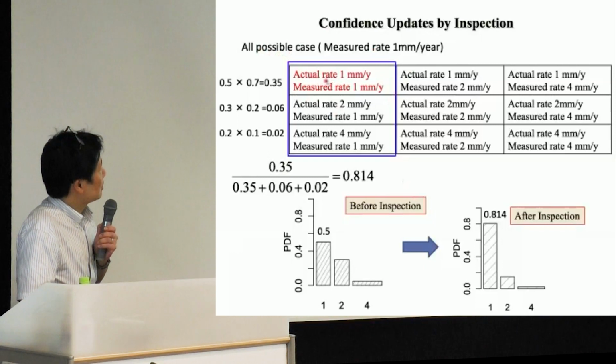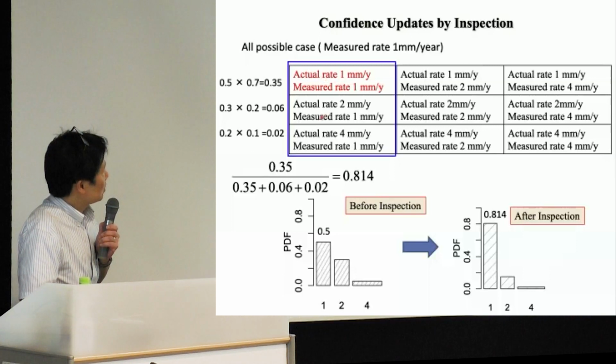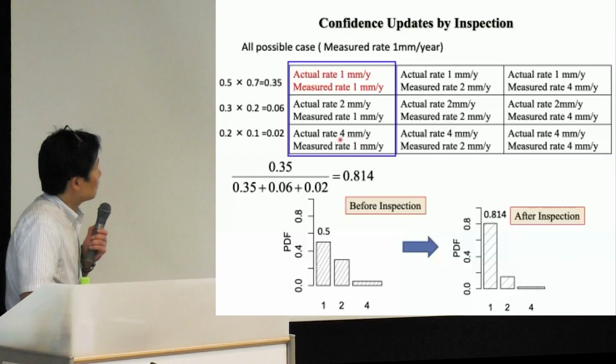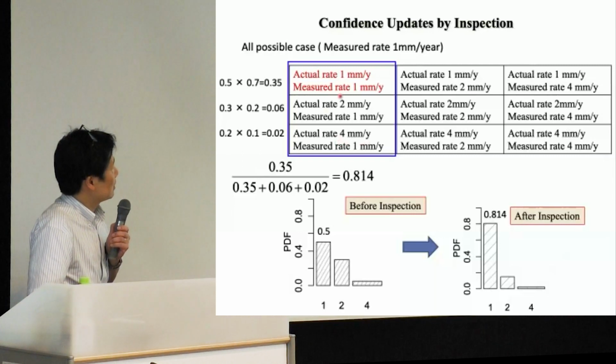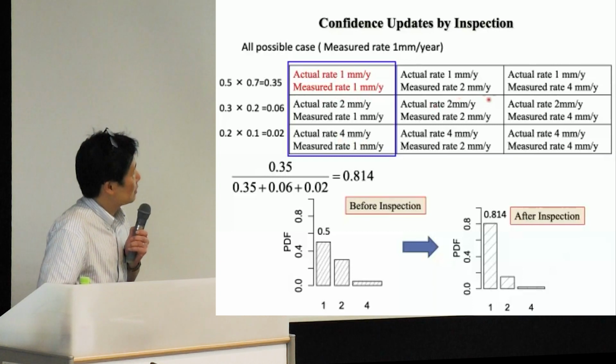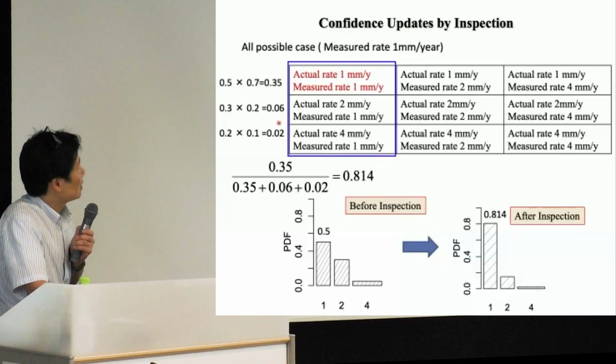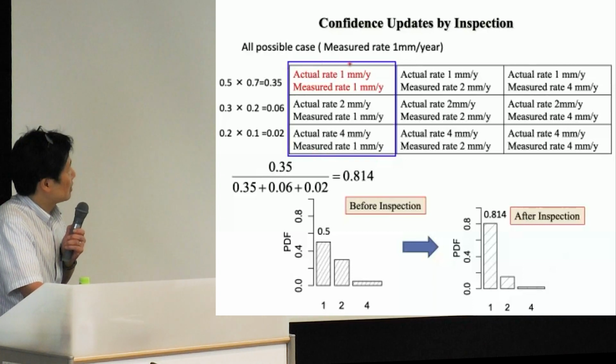There are 3 cases for the actual rate: 1 millimeter per year, less than 2 millimeters per year, or less than 4 millimeters per year. And for the measured rate, there are 3 cases: less than 1 millimeter, less than 2 millimeters, and less than 4 millimeters. Since we got the result of 1 millimeter per year by inspection, this is the obtained result.